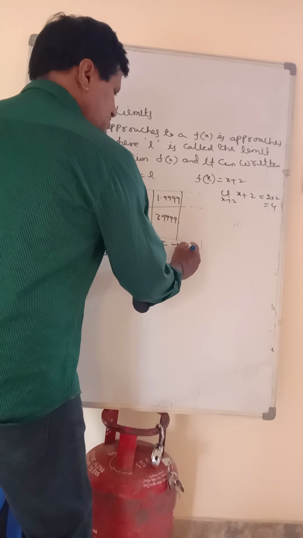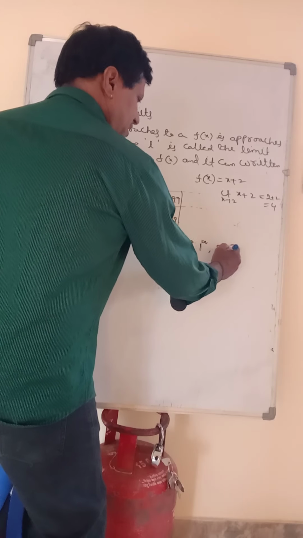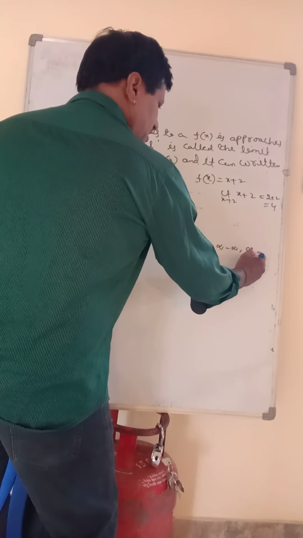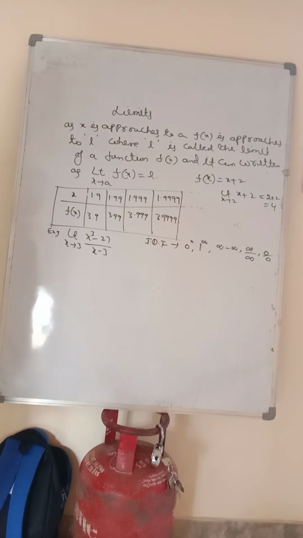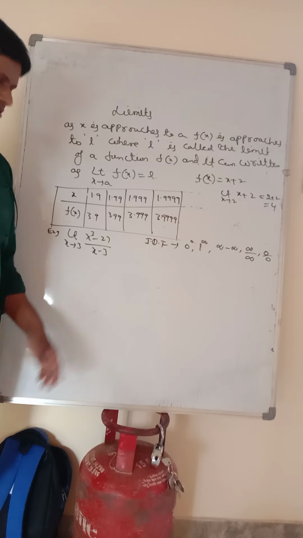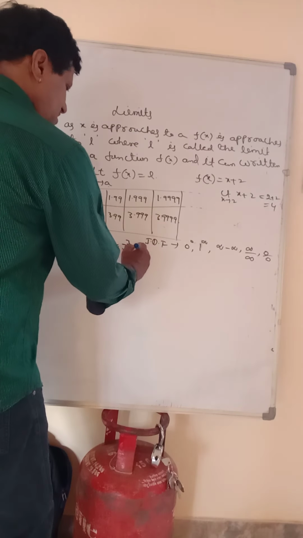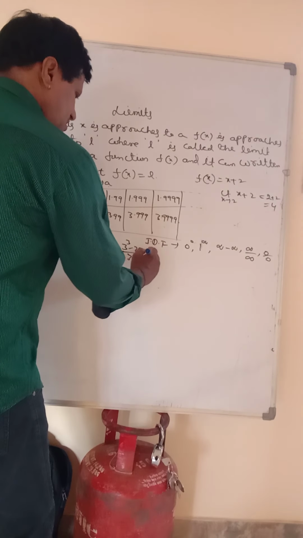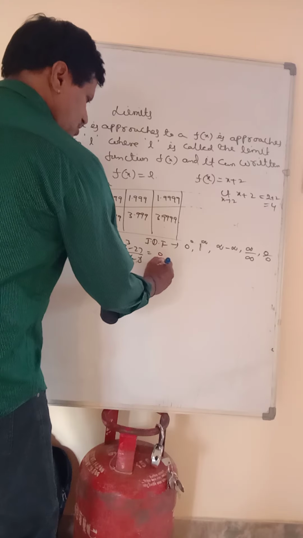So what are the indeterminate forms? 0 to the power 0, 1 to the power infinity, infinity minus infinity, infinity by infinity, and 0 by 0. If you substitute 3 in the place of x, 3 cube minus 27 by 3 minus 3, that is 27 minus 27 by 0, we get 0 by 0, IDF.